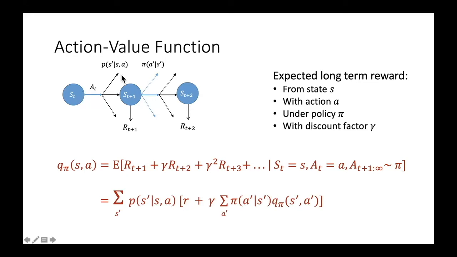So it is the first state and the action, then first the averaging is over all the possible next states, and then the next averaging is over all possible actions that can be taken from the next state.